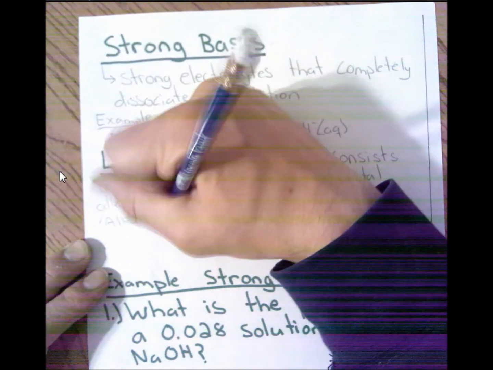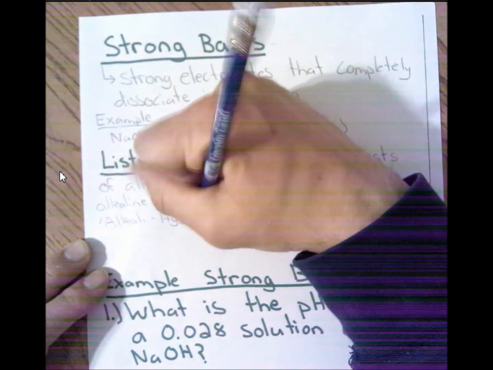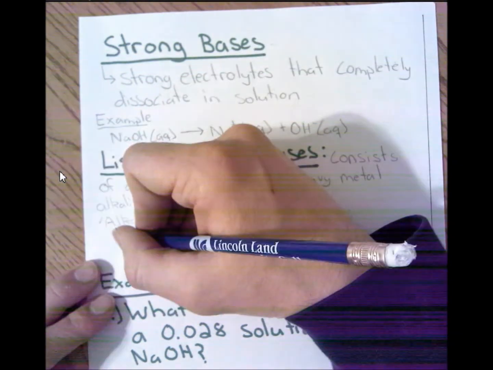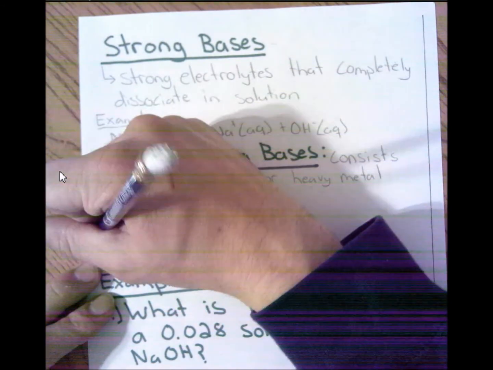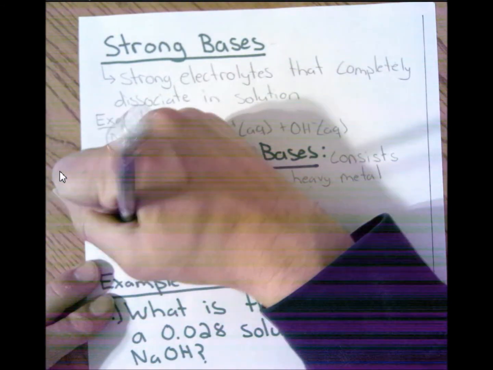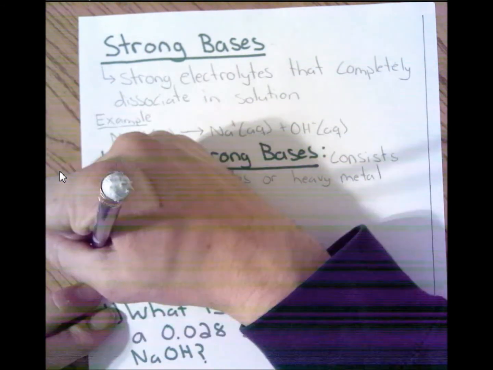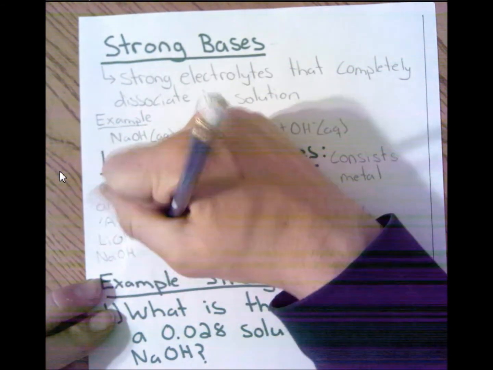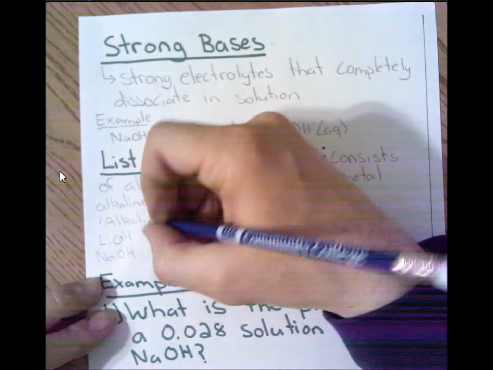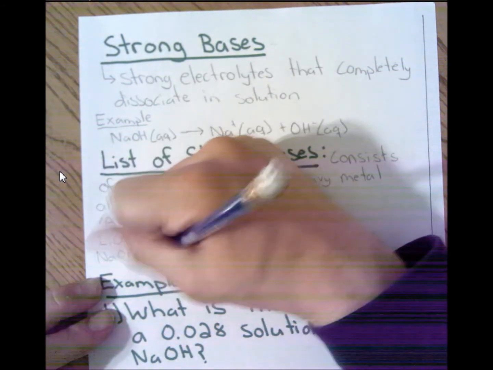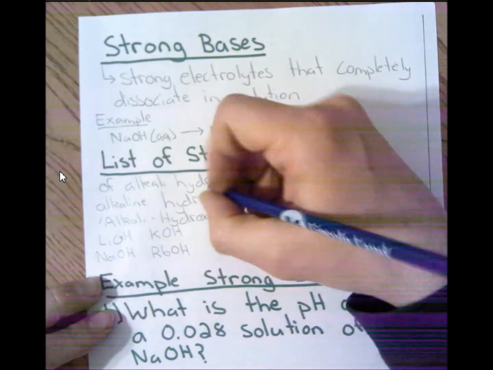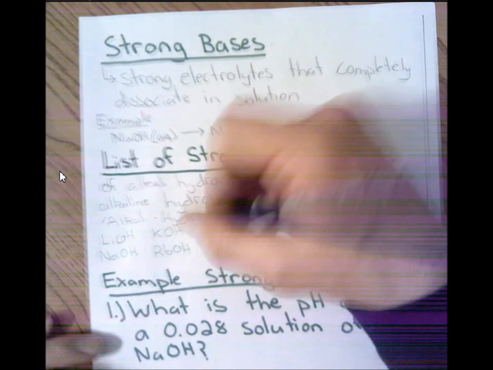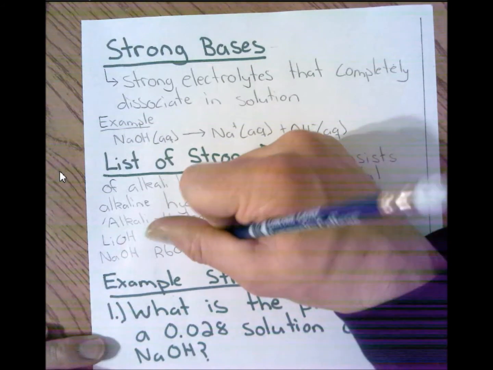We have lithium hydroxide, sodium hydroxide, potassium hydroxide, rubidium hydroxide, cesium hydroxide, and you probably won't see this very often, but we also do have francium hydroxide. Now, those are all of the alkali hydroxides in group number 1 of the periodic table.